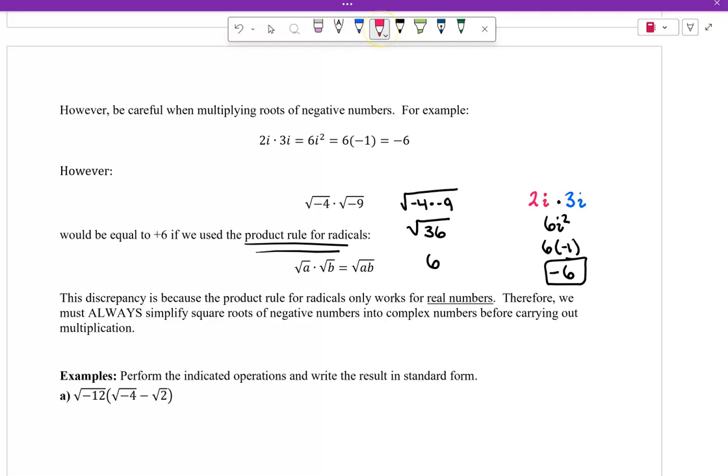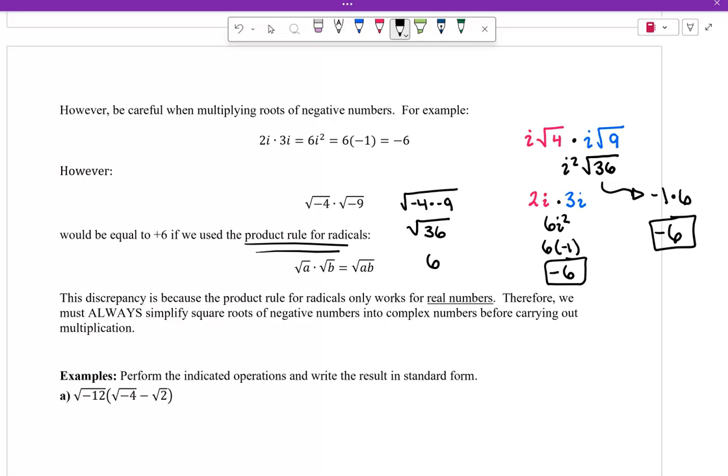Or I can change it to i square root of 4, then I can change it to i square root of 9. And then I can still multiply outside with outside, so that would be i squared, inside with inside would be a 36. Then I would get a -1 times the square root of 36 is 6, and I still get a -6.